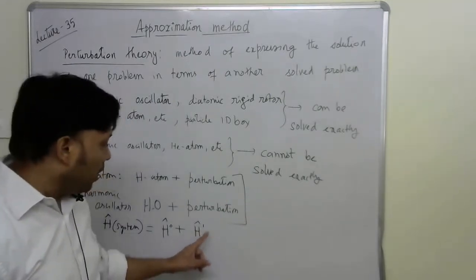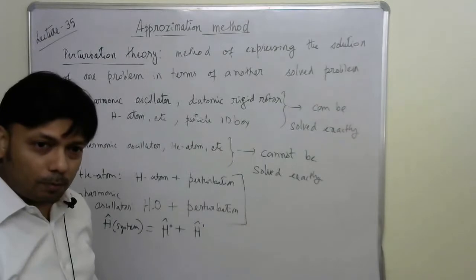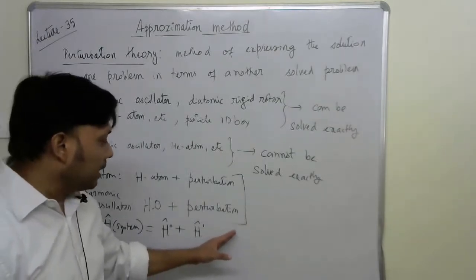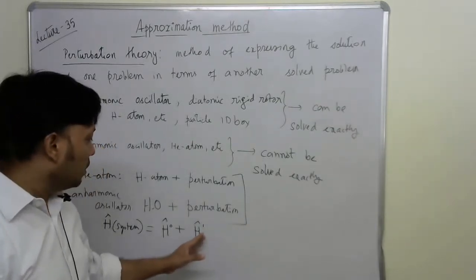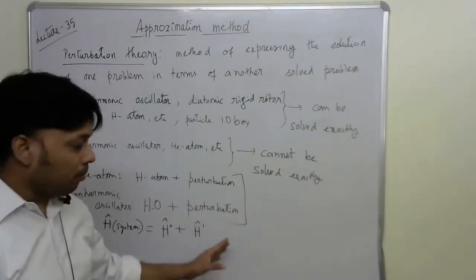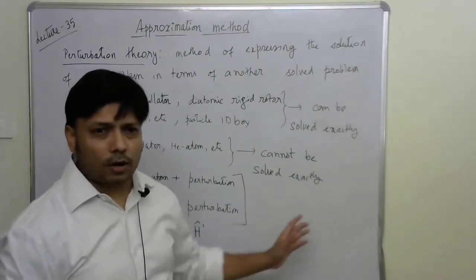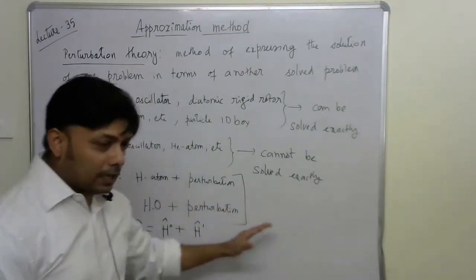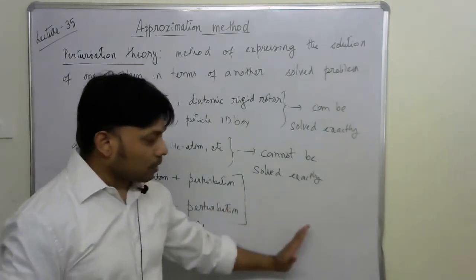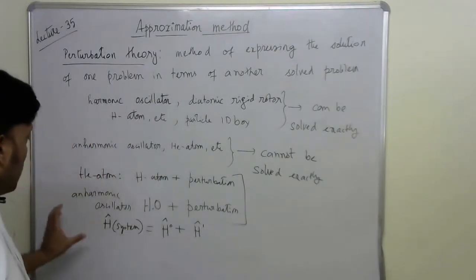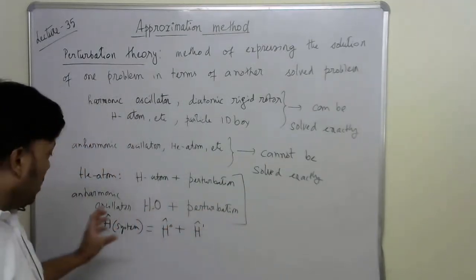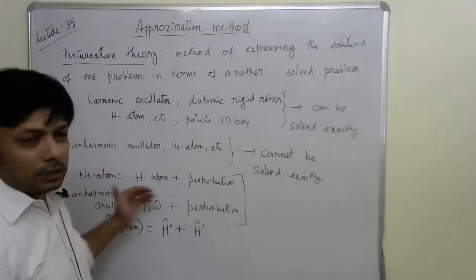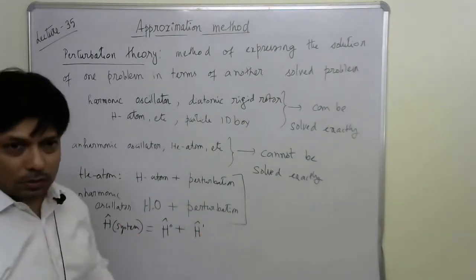Then we have H1, where the 1 stands for the first order perturbation. If I introduce another term, 2, it is the second order perturbation, then third order, fourth order, and so on. It can go on infinitely, as long as putting in higher order terms takes the system energetically closer to the unknown system.